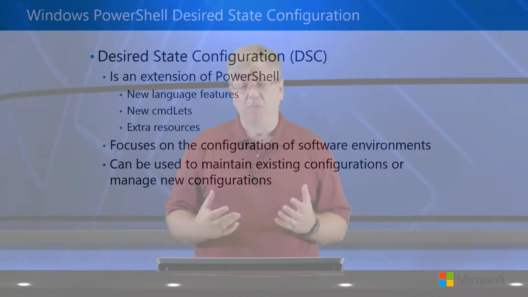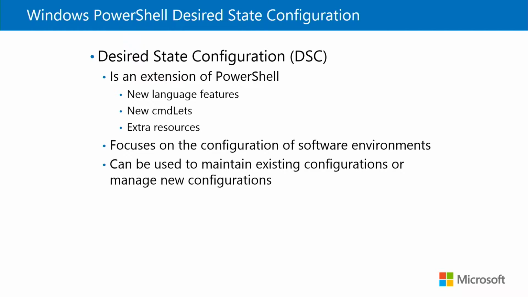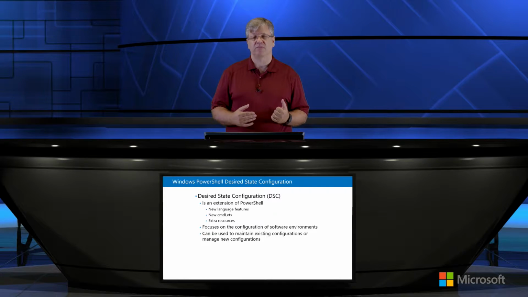So we have a couple of different ways that we can maintain the configuration of virtual machines that are implemented in the Azure environment. The first is something called desired state configuration. This is actually a capability that has been part of the Windows environment for a few versions now and is directly and natively available in Azure, not only for Windows, but also for Linux virtual machines.